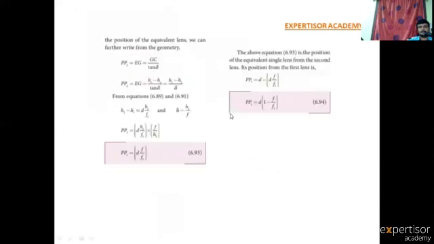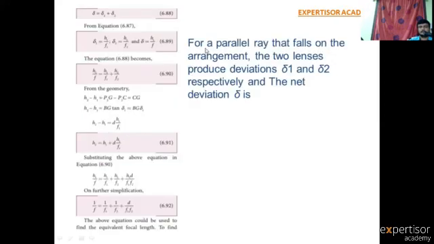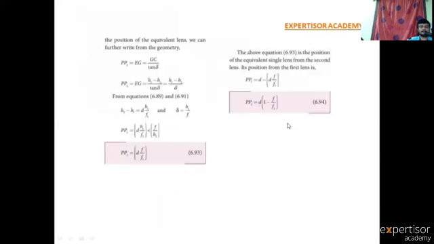To find the position of the equivalent lens, we can further write from the geometry. For a parallel ray that falls on the arrangement, the two lenses produce deviations delta 1 and delta 2 respectively. The net deviation is delta. So in this equation, PP2 is equal to EG, that is equal to GC divided by tan delta.